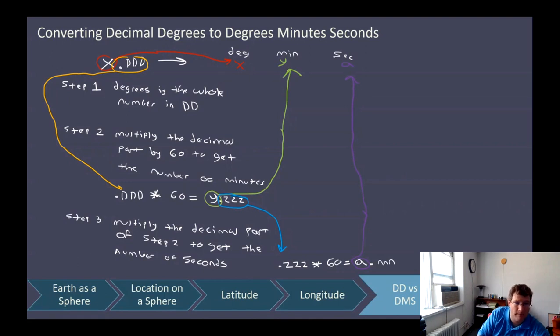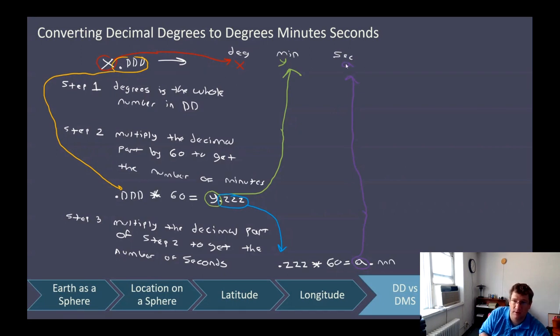That whole number part is the number of minutes. The decimal portion, the proportion of the fraction to the next minute that we went, gets multiplied by 60 again, and that whole number becomes the number of seconds.